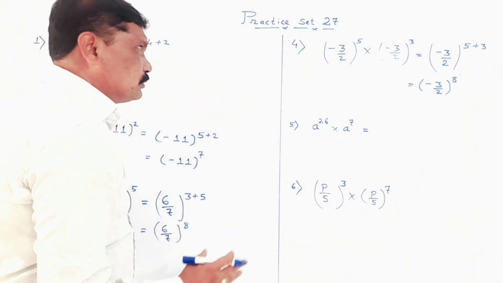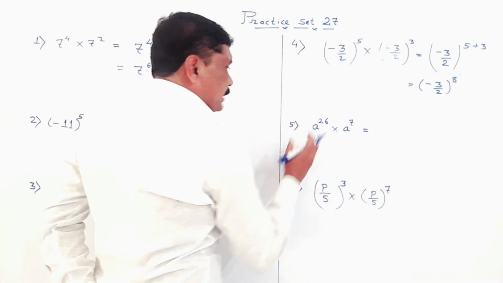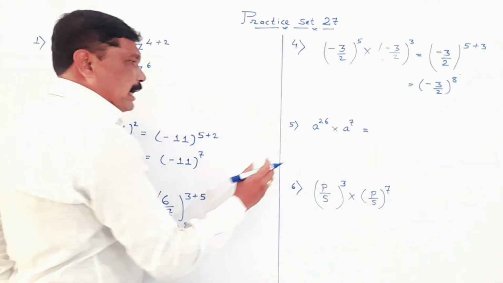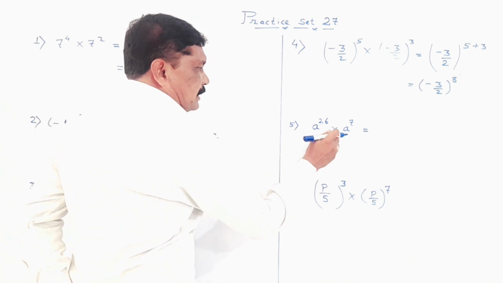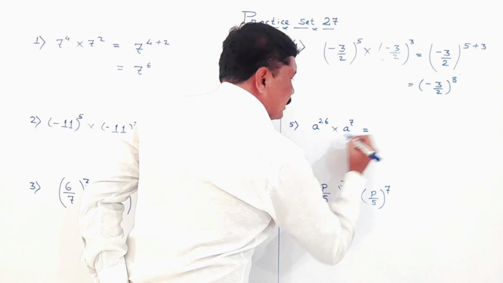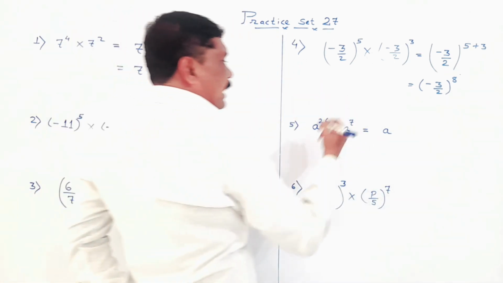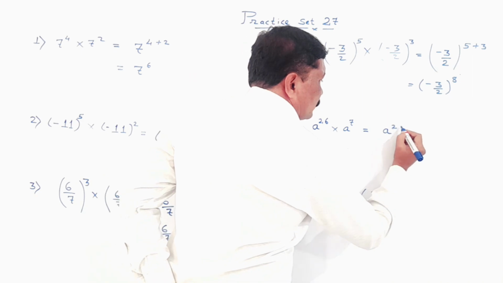Again, my dear student, here we have indices having the same base and multiplication is given. So we will write the same base, which is A. Now we can add the index.